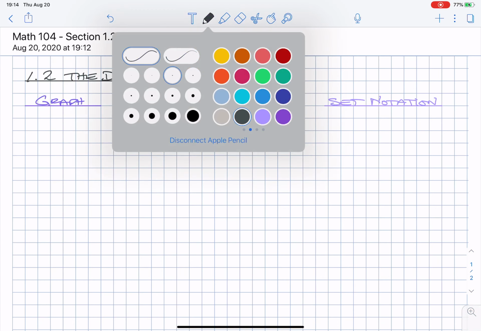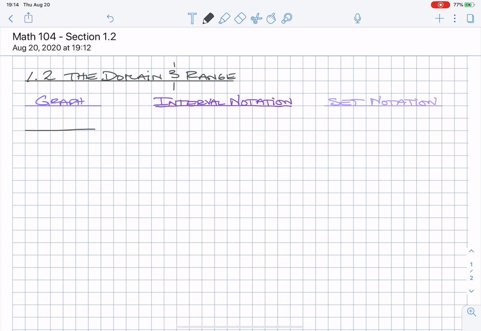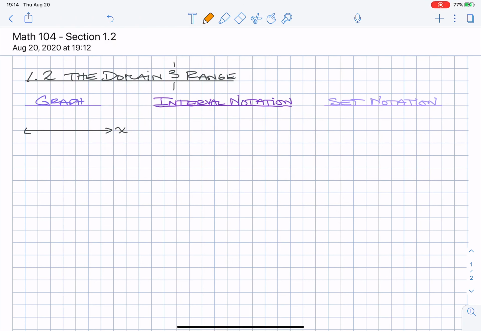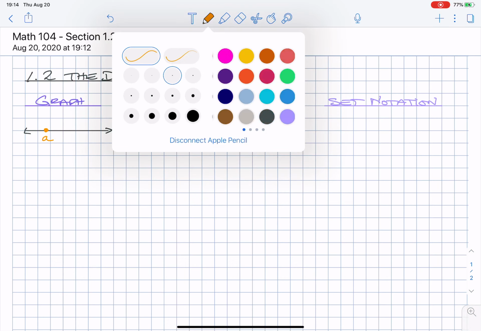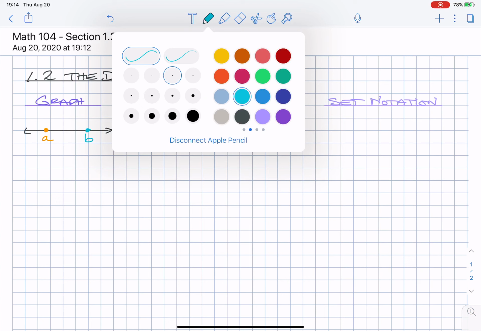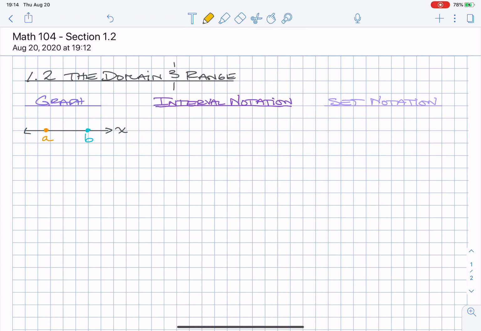Okay, so let's consider just values of x. I'm going to give us a little x graph, just the horizontal axis. And let's say I have a solid dot at A and a solid dot at B, and I want to consider the region between the two.